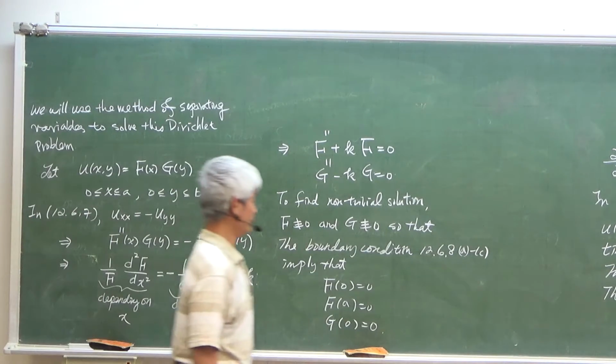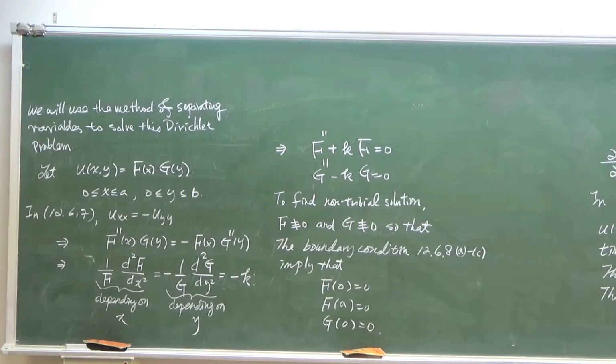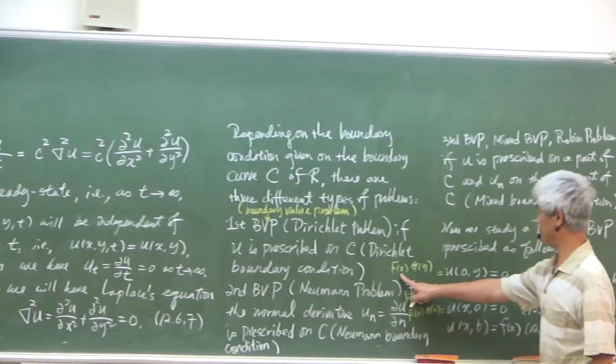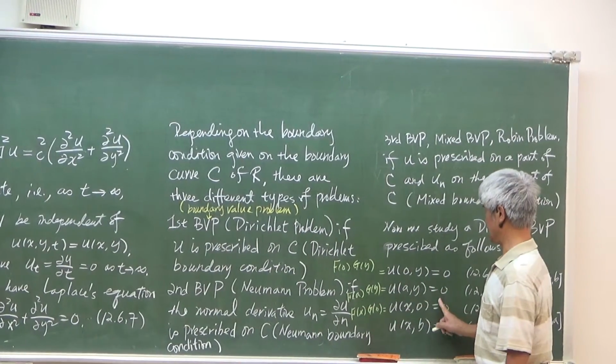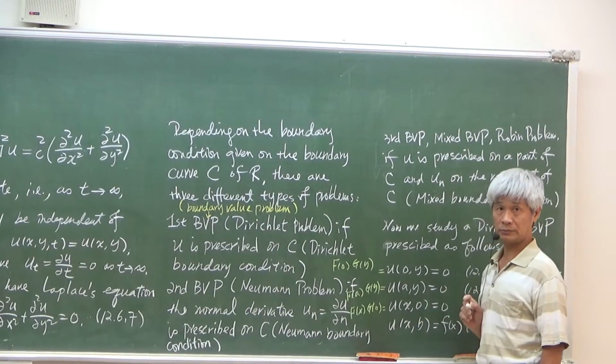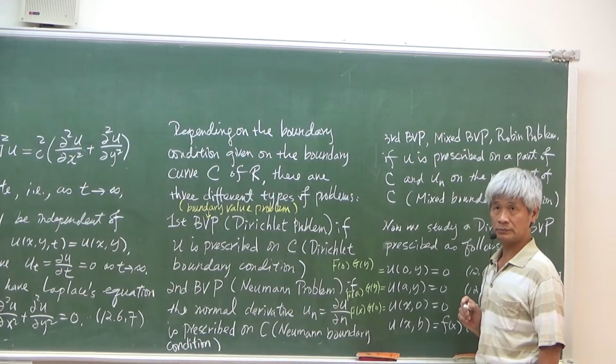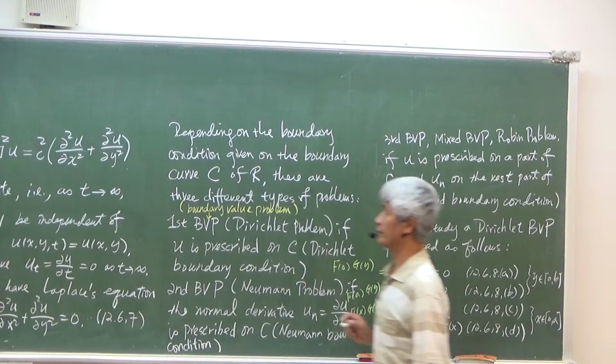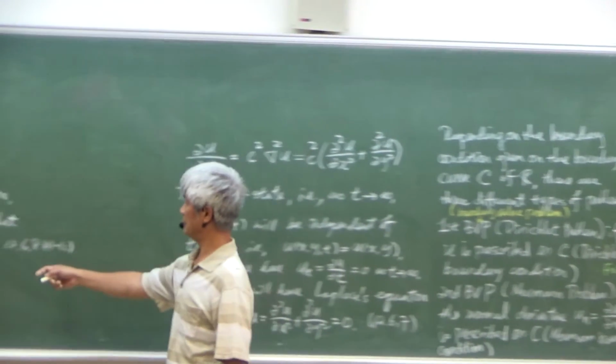Okay? So immediately we know that f(0) is 0, f(a) is 0, and g(0) is 0. Right? So we have three.